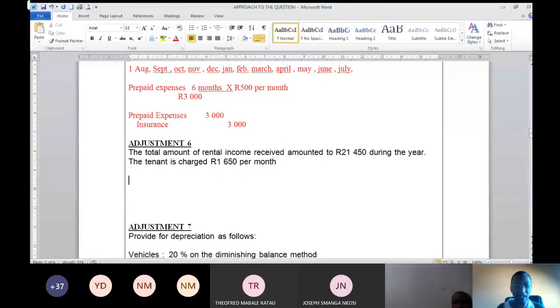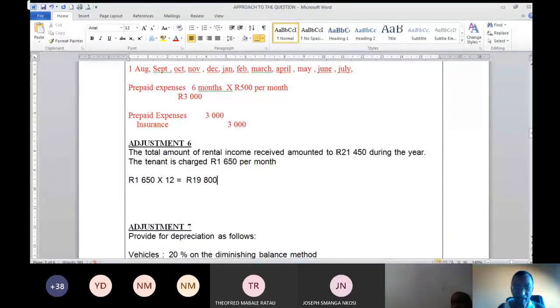If we charge the tenant 1,650 per month, we are supposed to receive 1,650 times 12 for the 12-month period. You take 1,650 multiplied by 12, and you will see that we are supposed to receive 19,800 Rand. That is the amount of money that we are supposed to receive.